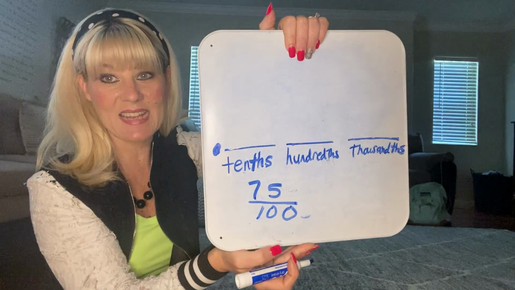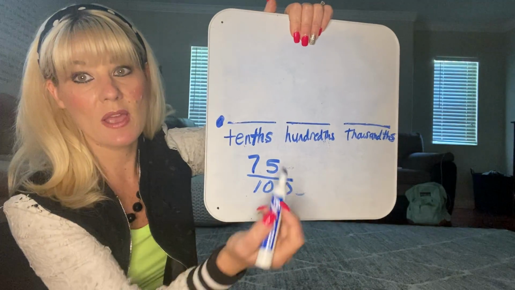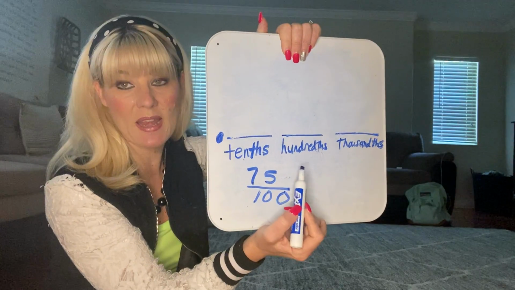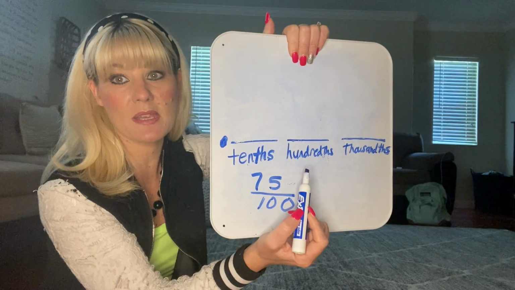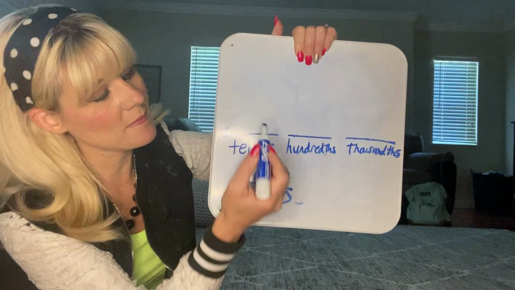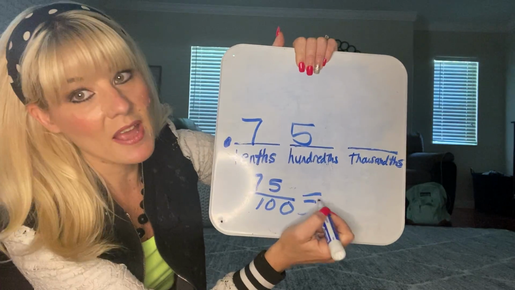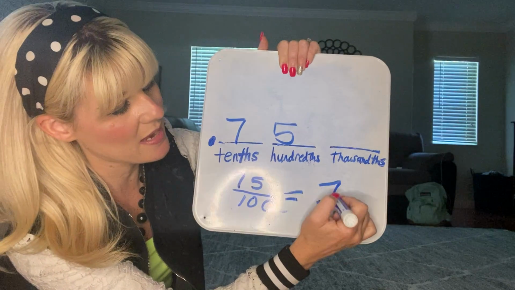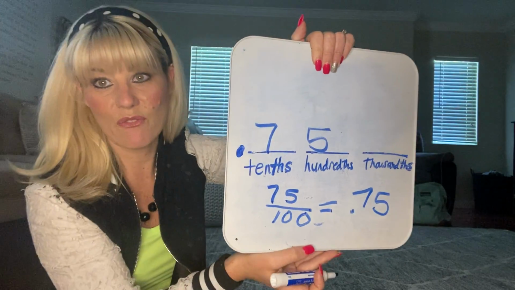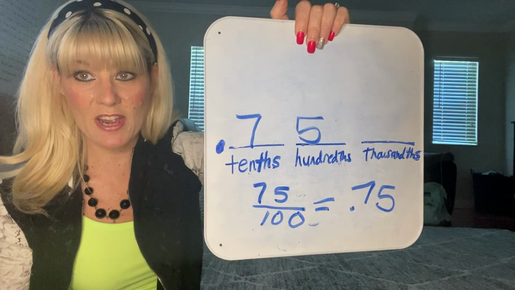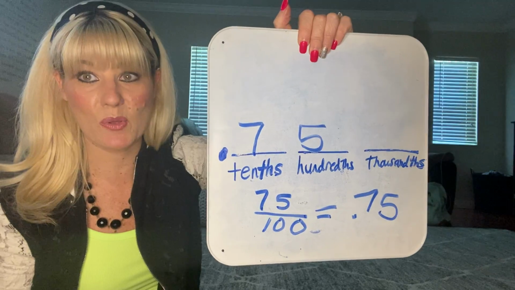But to write that as a decimal, it's gotta end in the hundredths place. The decimal that you write has to end in the hundredths place. So you're gonna do point again, and then a 7 and a 5. So 75 out of 100 equals the same thing as 0.75, okay? So that's how you change a fraction into a decimal.